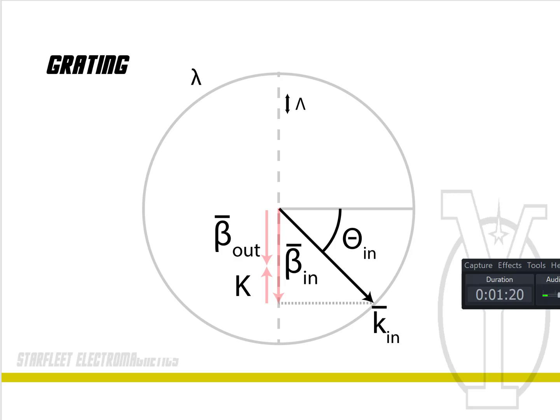It is both similar and different to the little k vectors you've seen before. It is similar because it has a magnitude equal to 2 pi over lambda, big lambda in this case. It is different, however, because big lambda is the same, no matter what the material is that it's in.